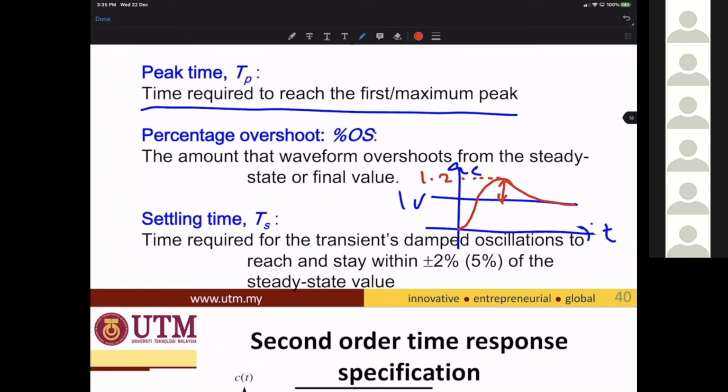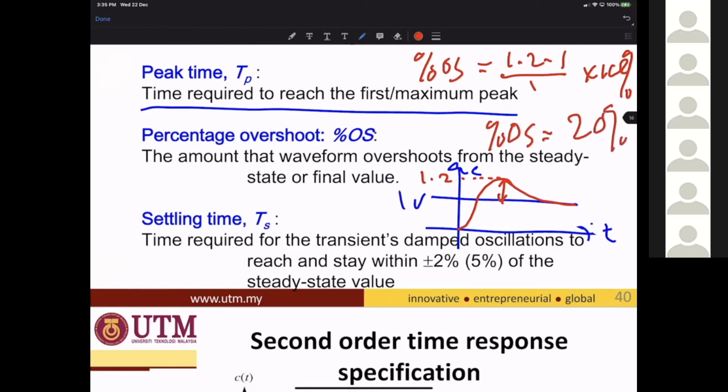Overshoot in Malay is terlajak puncak, terbabas. So overshoot is 1.2 minus 1, divided by 1, multiplied by 100%. Berapa? 20% overshoot. Okay.